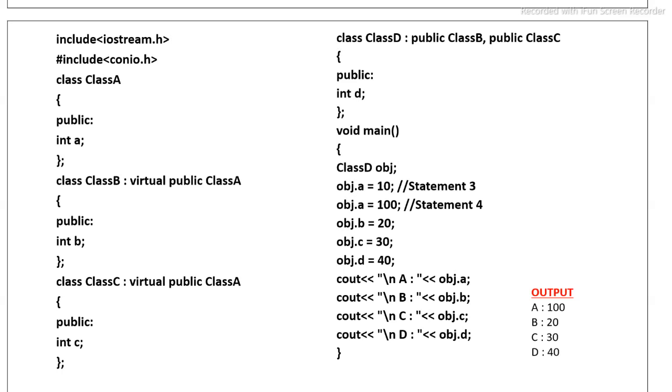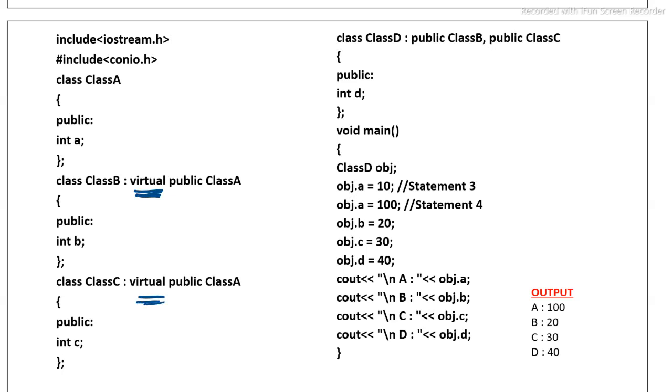Here class A is inherited twice into class D, through class B and through class C. So it may create ambiguity, and this ambiguity can be removed by specifying the keyword virtual in their path so that they will not inherit multiple data.